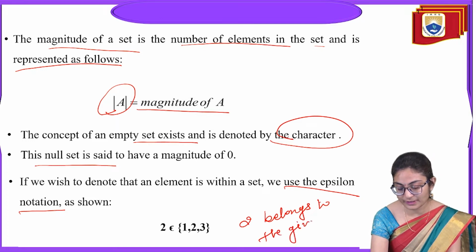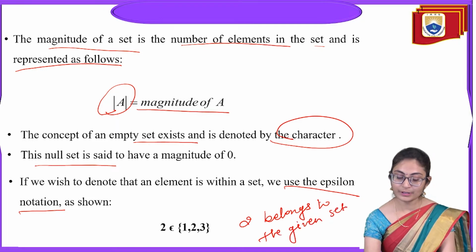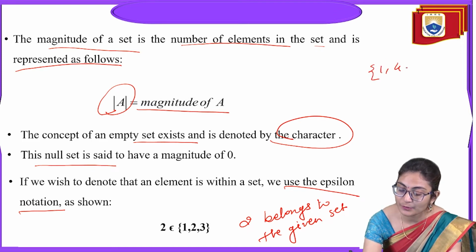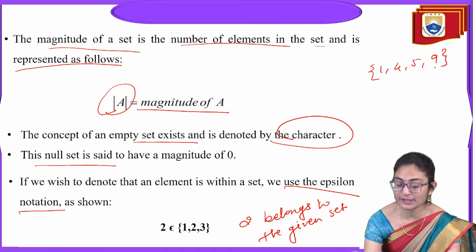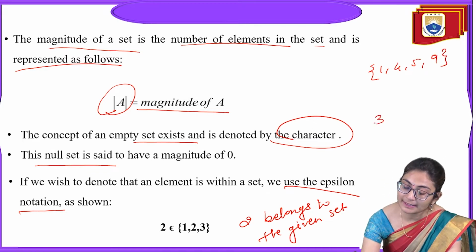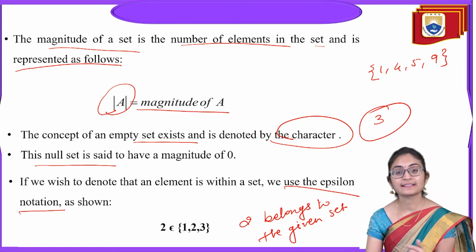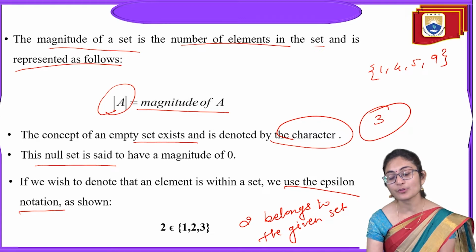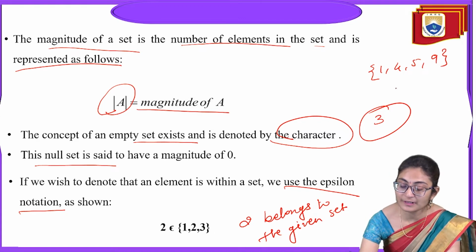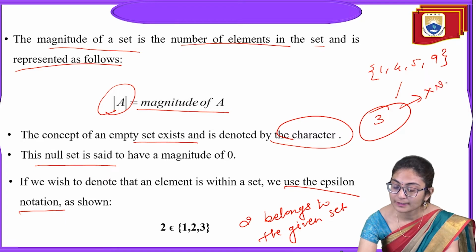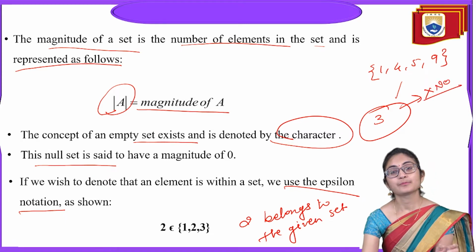We know that we have the set {1, 2, 3}, but say we have {1, 4, 5, 9}. Now I have to check whether 3 is a member of the given set. Is 3 a member of the given set? Definitely we will say no. 3 is not a member of the given set.